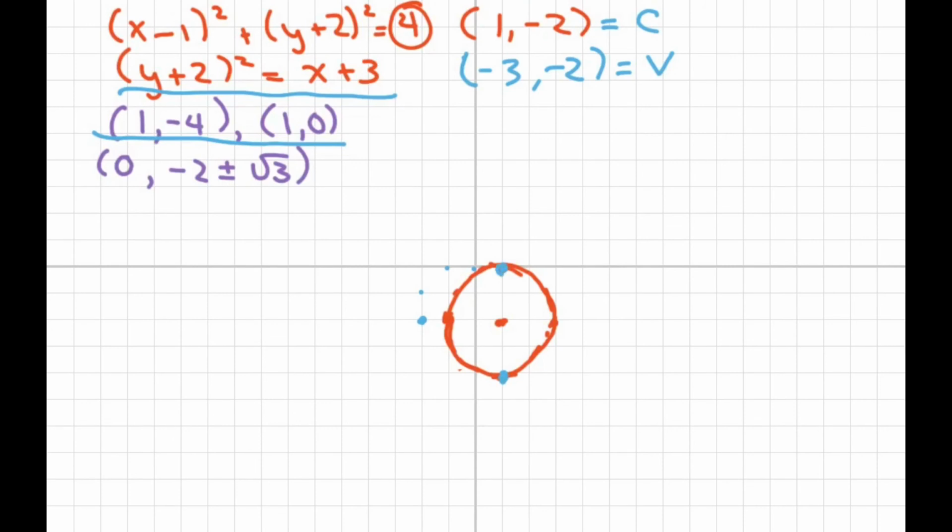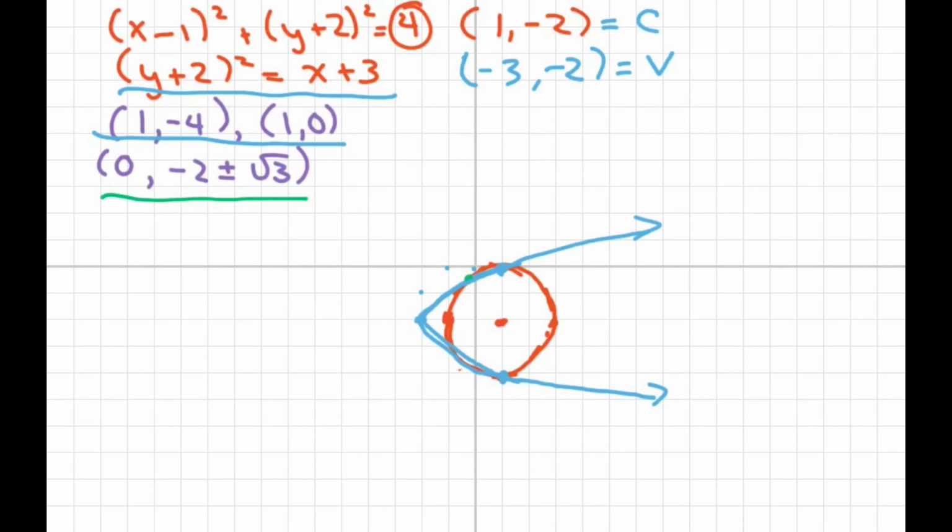So I know it's going through here, like this, something like this. And we have these other points, and I don't know how wide this gets here, but we're just kind of faking it a little bit. And I know I have this.